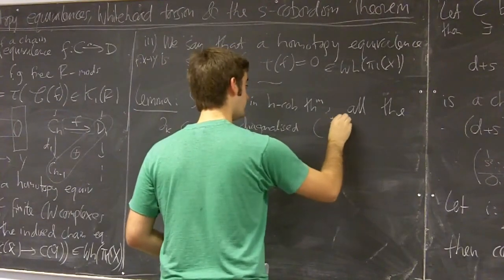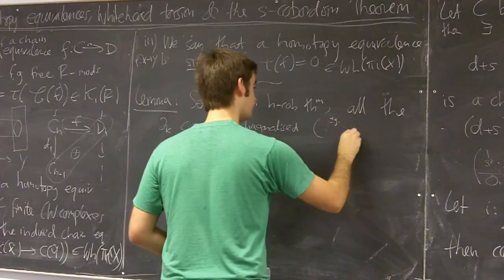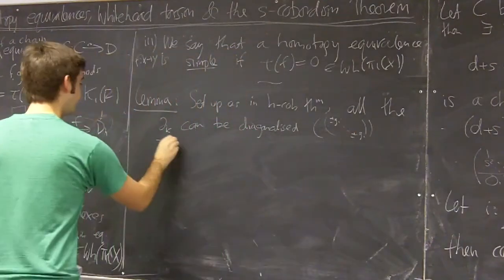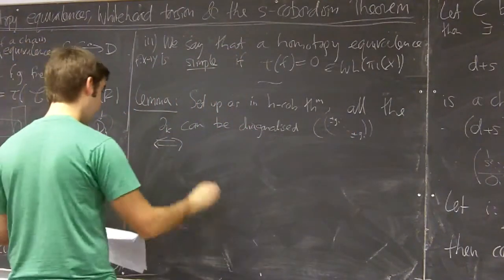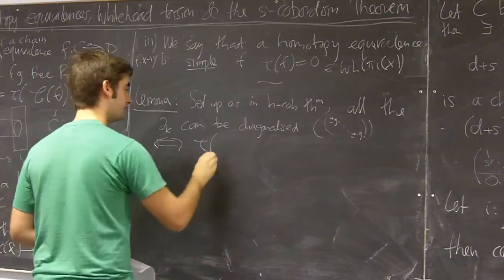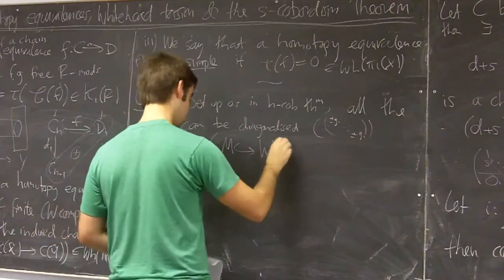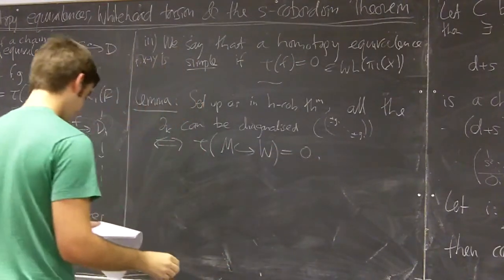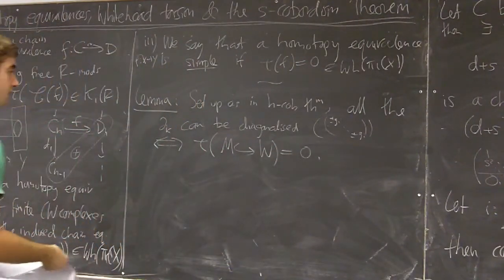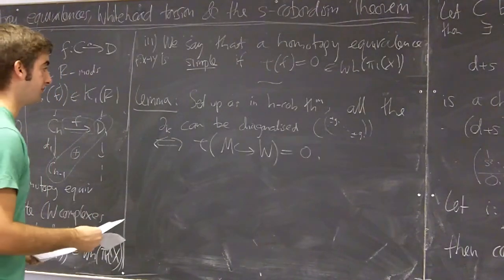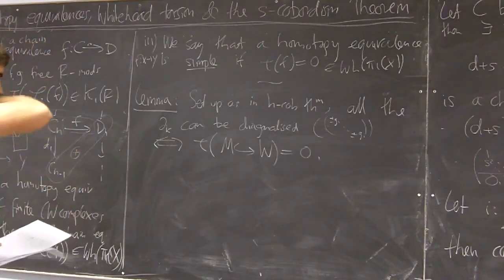So this is plus or minus g_1, if and only if the torsion of the inclusion of M into W is 0. We've kind of more or less already explained this in the setup.